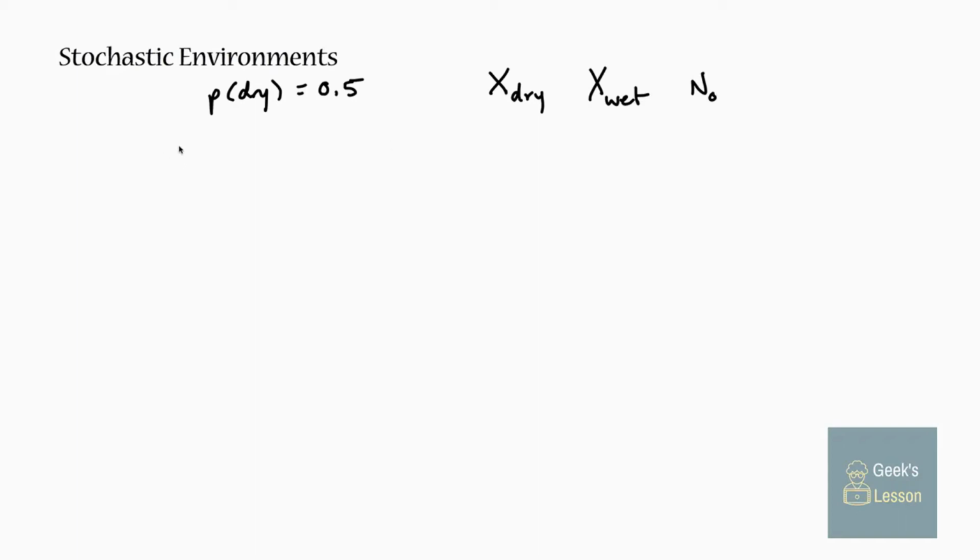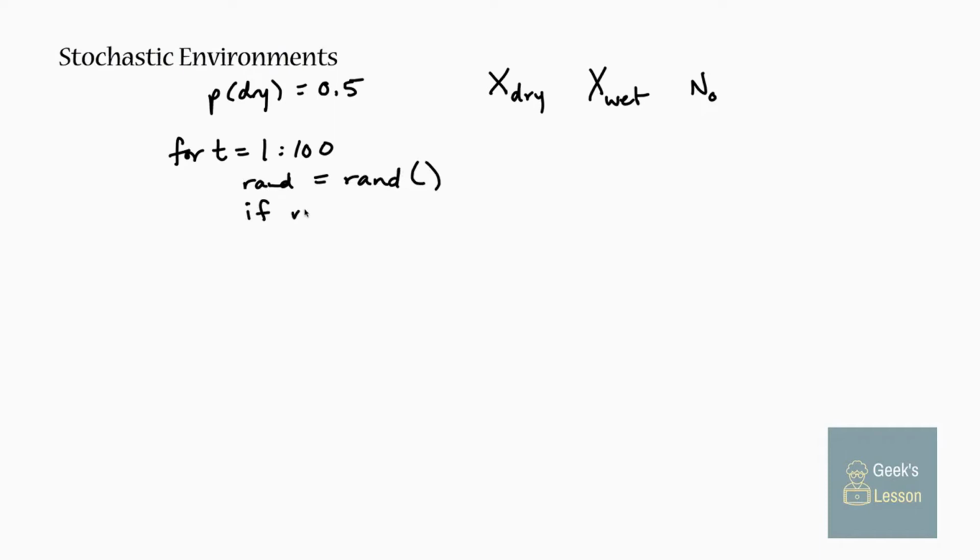So then if I want to simulate it, I can say for t equal to 1 to 100, the first thing I do is I decide what kind of environment I have. Since I'm using IID environments and I know that the probability of dry is 0.5, I can just draw a random number, using whatever random number generator you have.